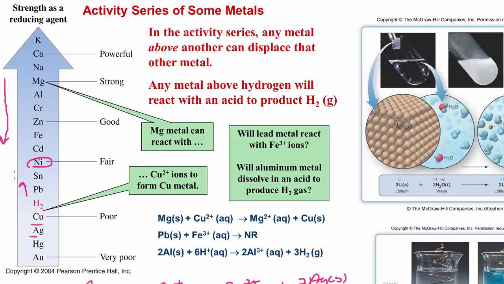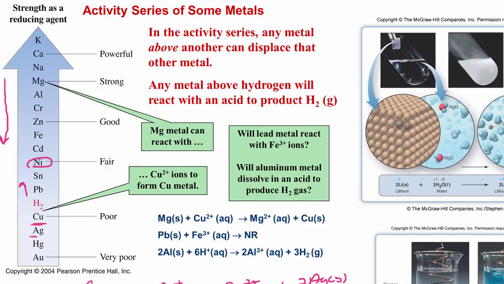Elements below hydrogen in this activity series are not oxidized by hydrogen ion. So that means, for example, copper would not react with hydrochloric acid. That gives you an idea of the strength of reducing agents.